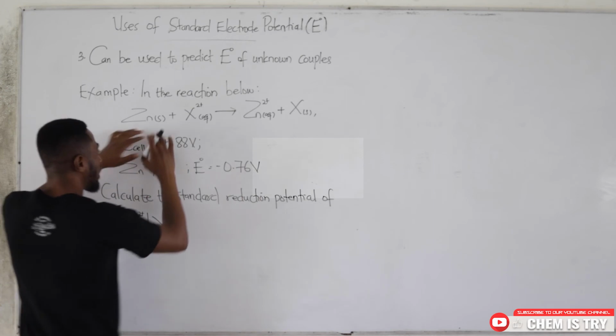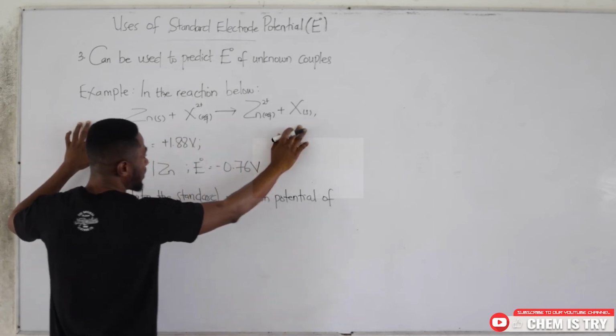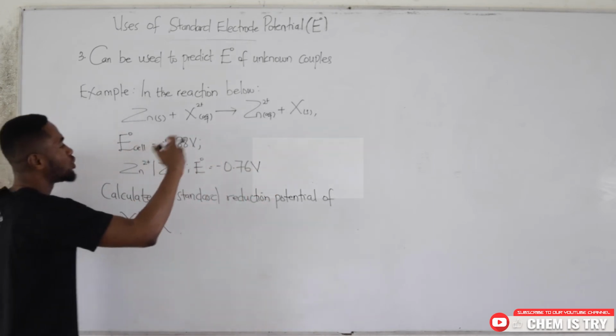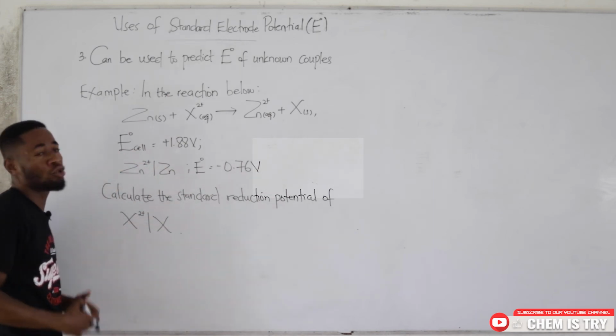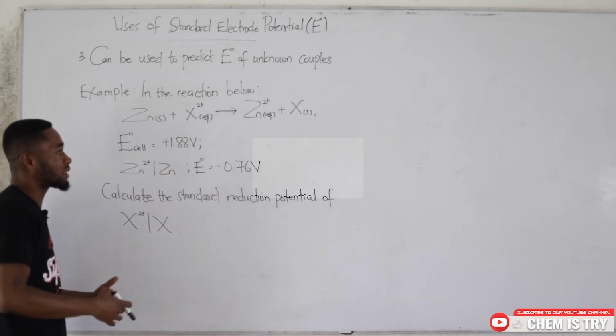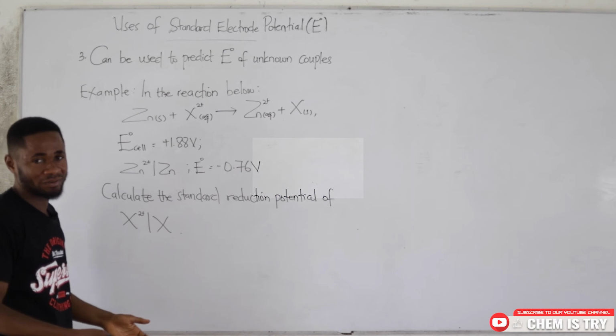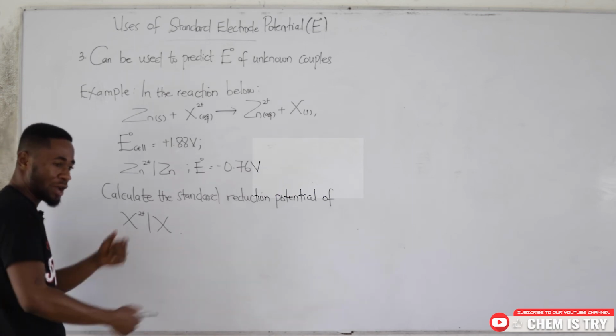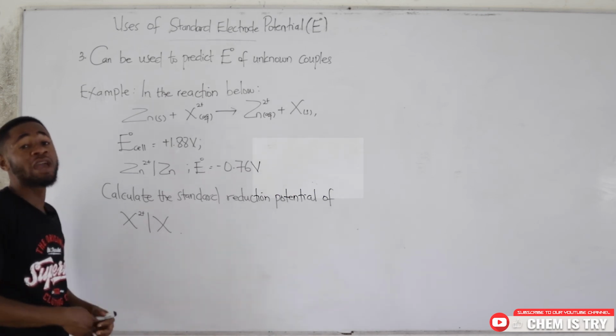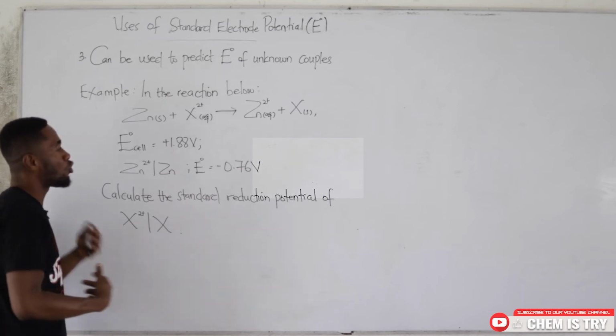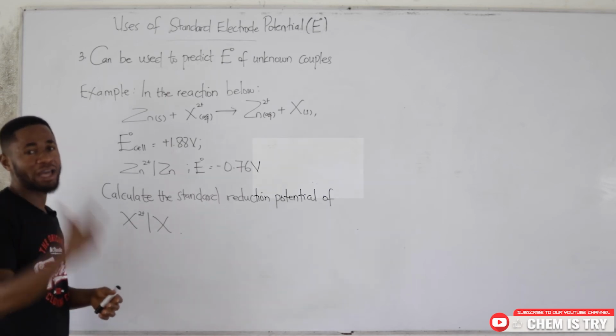Before we do that, we have to look at the equation we have been given and analyze it critically to see which substance is undergoing oxidation and which substance is undergoing reduction. The one undergoing oxidation will be named as our anode, and the one undergoing reduction will be named as our cathode.